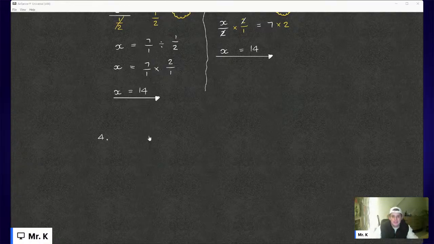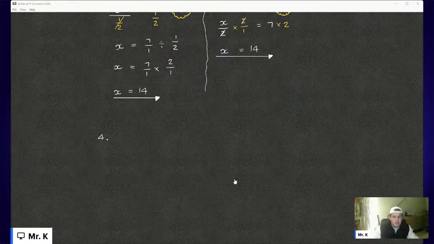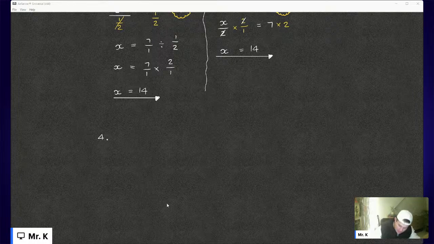But I want us to quickly discuss exponential equations, guys, because these are also examples of equations, right? But now they are using the laws of exponents that we discussed at the beginning of the year. So let's say, for example, we had 2 to the power of x is equal to 16.